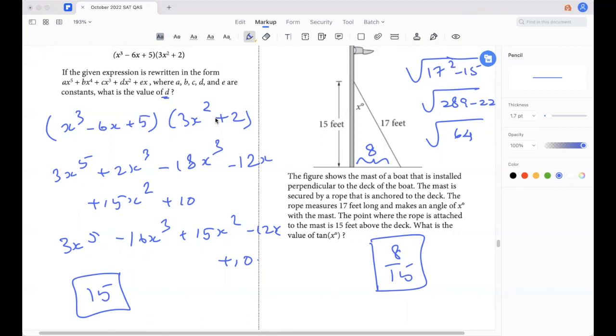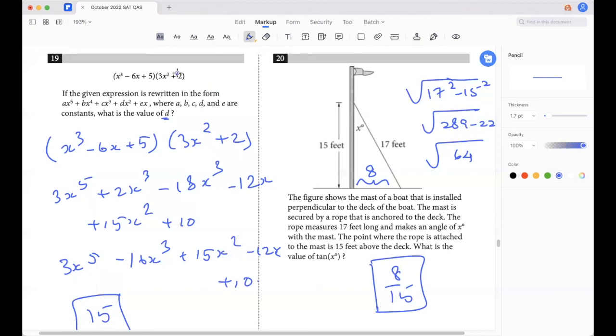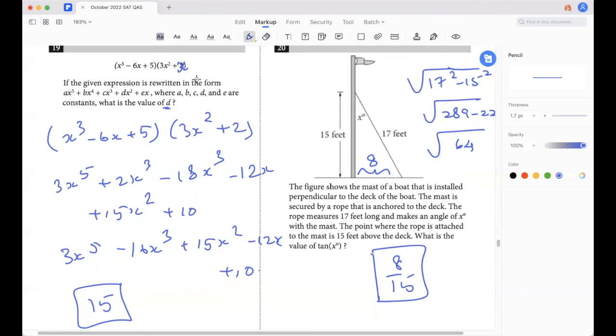It was supposed to be x cube minus 6x plus 5 and 3x square plus x. Okay, this is x, not 2. So if this is x, then how does it change? 3x to the power 5 plus x to the power 4, minus 18x cube minus 6x squared, plus 15x squared plus 5x.